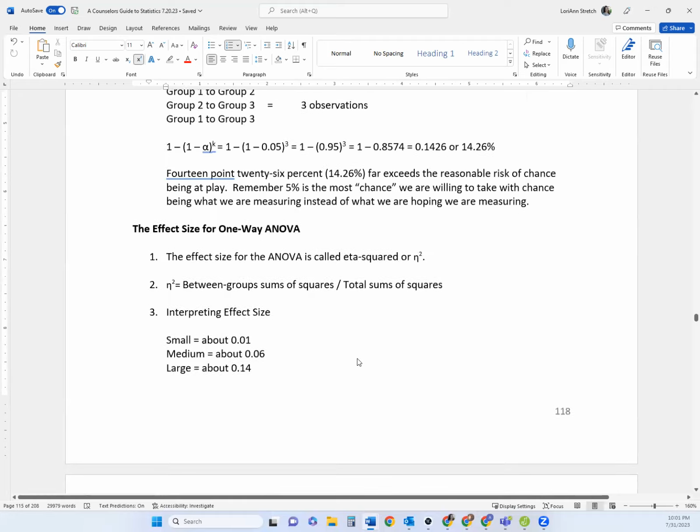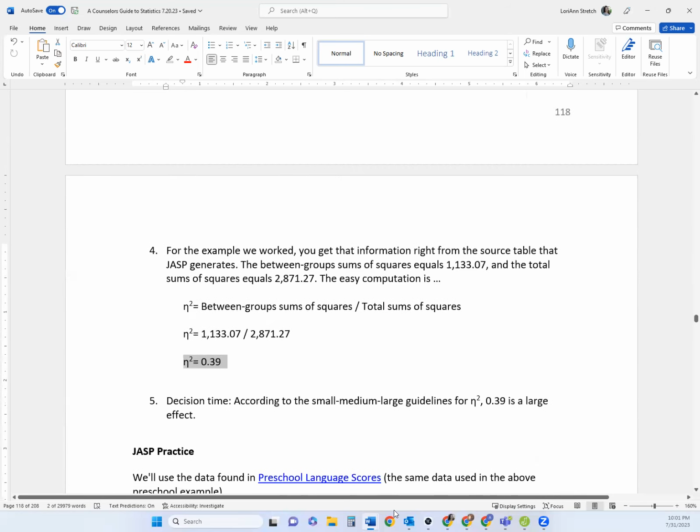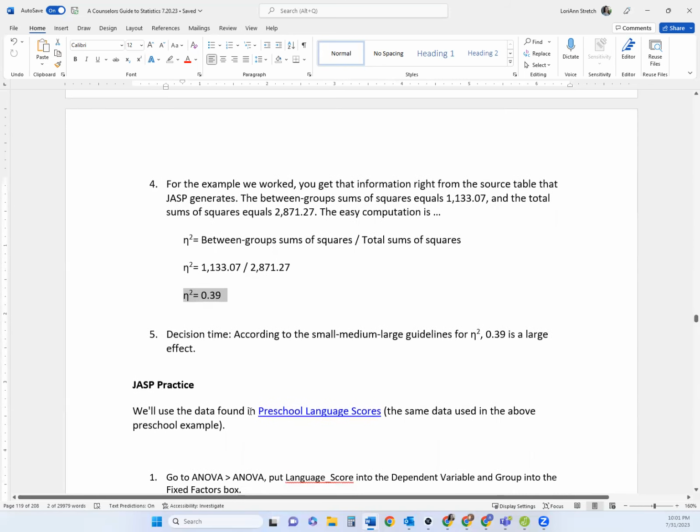And so when I do that, it's going to look like this. It's going to give me an eta square of 0.39. So according to the small, medium, large guidelines for eta square, 0.39 is a large effect size. Now let's do this in JASP.